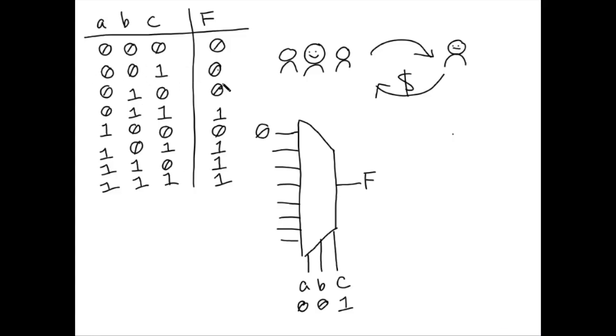That's going to give us an output of F equals 0 again. Our next line will be selected when A equals 0, B equals 1, and C equals 0, which is this line in our truth table, again giving us 0. And then our next one will be selected at 0, 1, 1, which is right here on the truth table, and that's going to give us 1 to send to F.